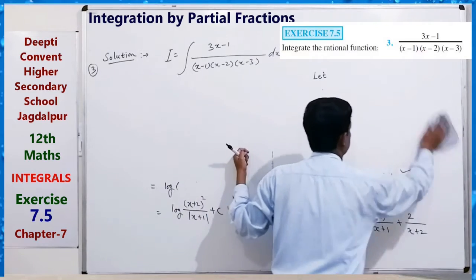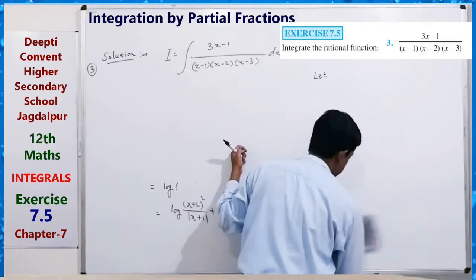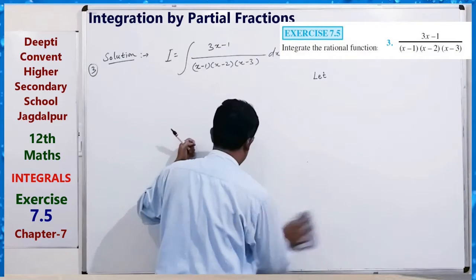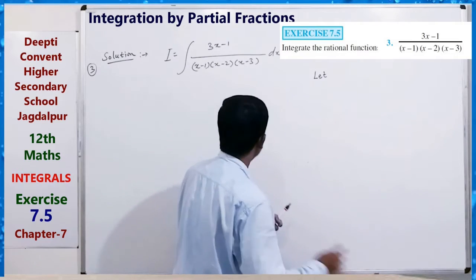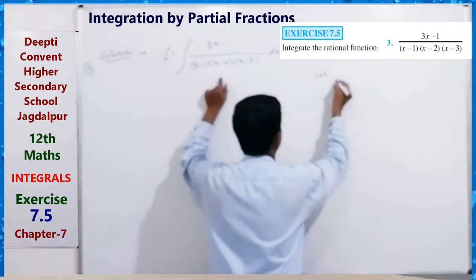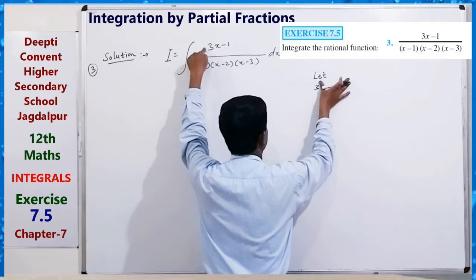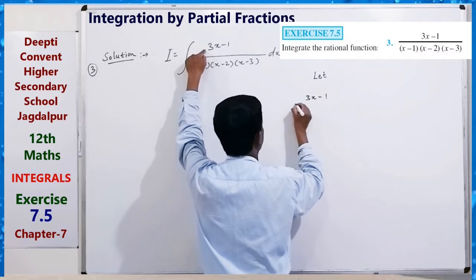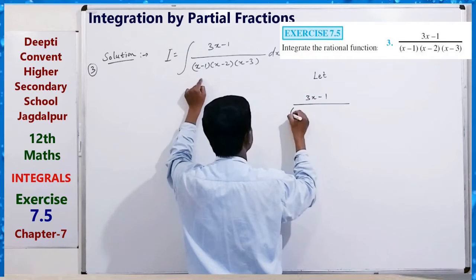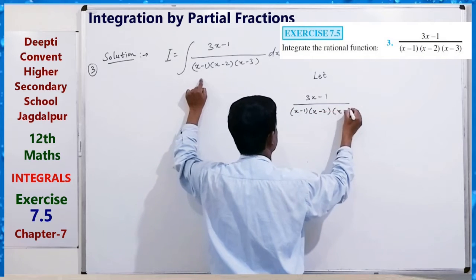Here also, finding the values of A, B, C is a very simple method, by putting some values for x. For this third question, we write 3x minus 1 upon the 3 factors, x minus 1, x minus 2, x minus 3.